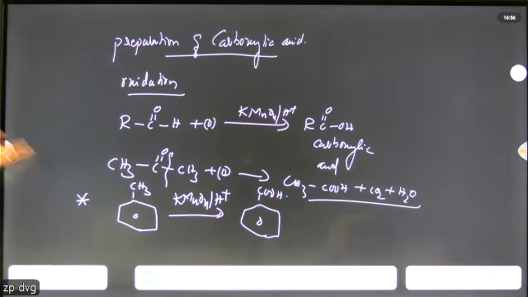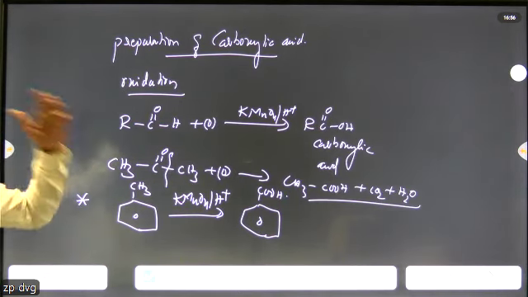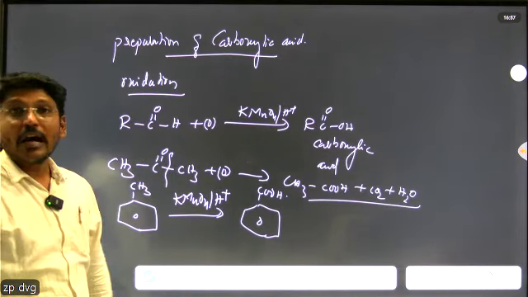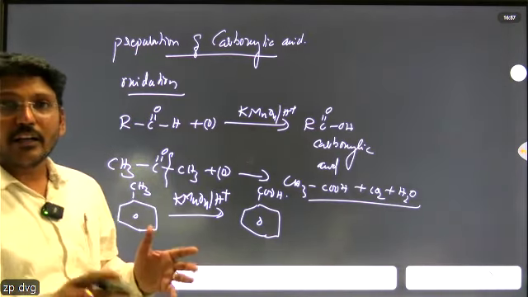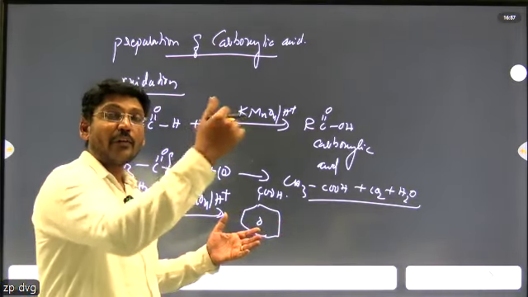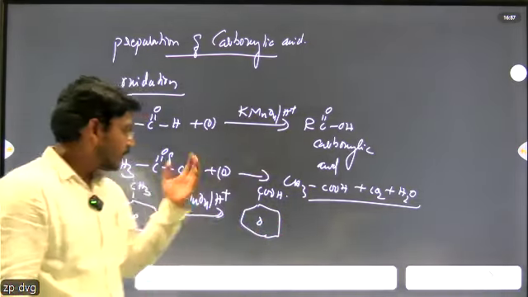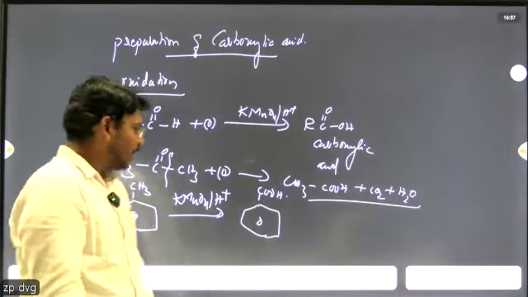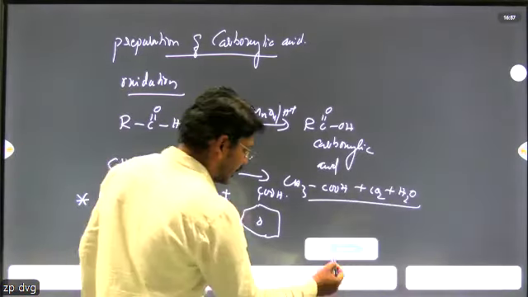Sometimes not only can we use acidic KMnO4, we can also use alkaline KMnO4, which also has the ability to convert a side chain into a carboxylic group. Let us discuss how we use alkaline KMnO4.